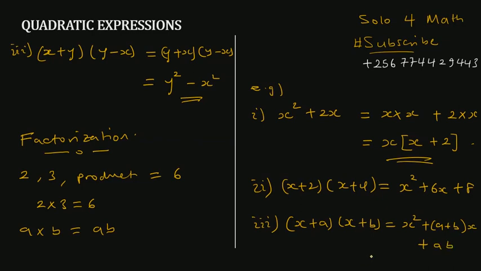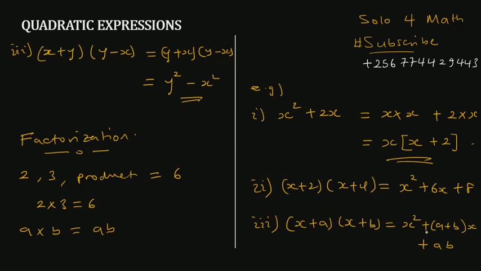So if you're asked to factorize, we are moving from this side to this side. It means they're actually telling you to find the values of a and b. If you have a and b, then remember we are moving from the right to the left.